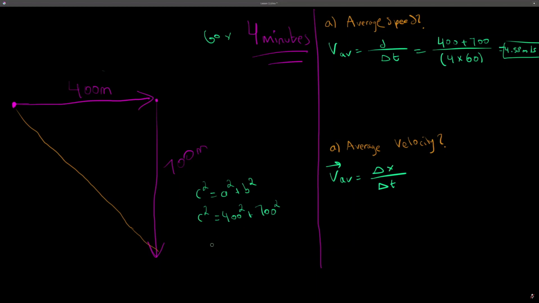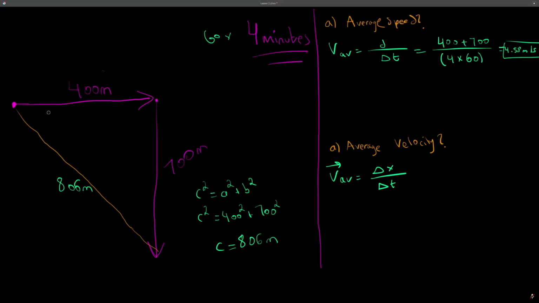And then we calculate, and we get c equal to 806 meters. So now that we have this line over here, 806 meters, we can find the average velocity.